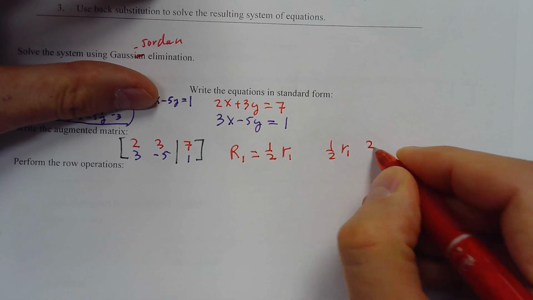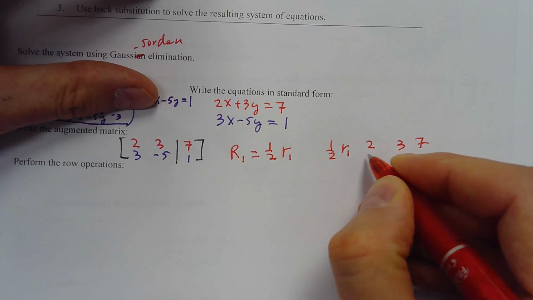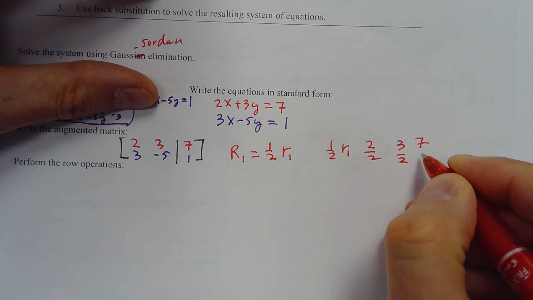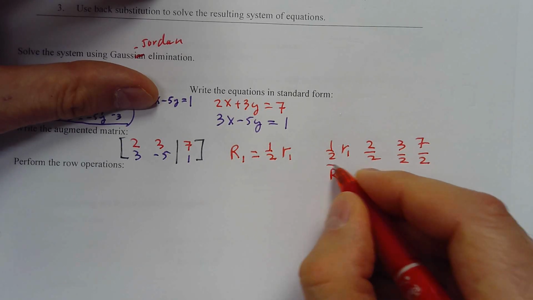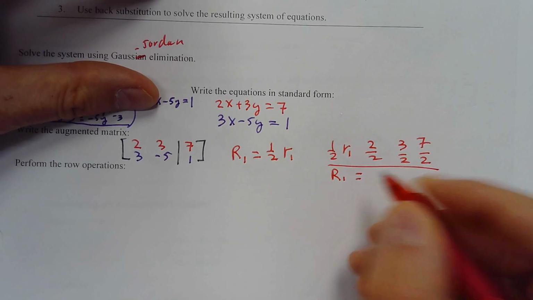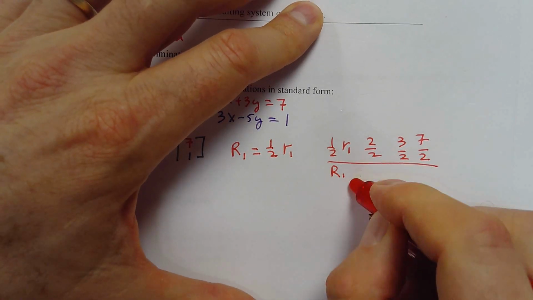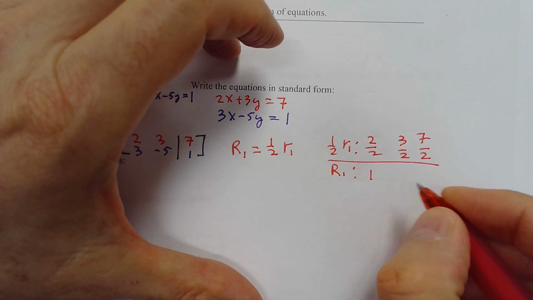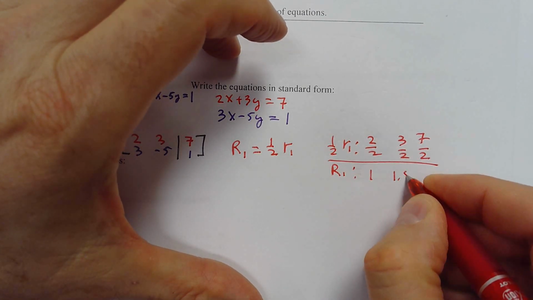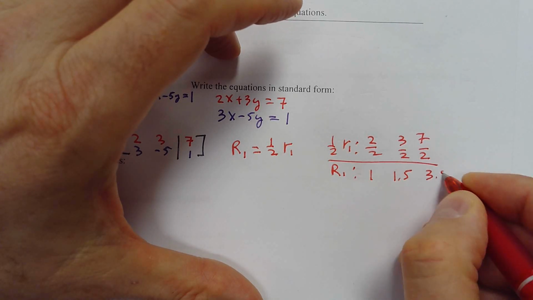Well, we have a 2, 3, and 7, and I'm dividing these by 2. And that's going to give me my new row 1. That'd be 1. I'm going to write that as 1.5 and 3.5.